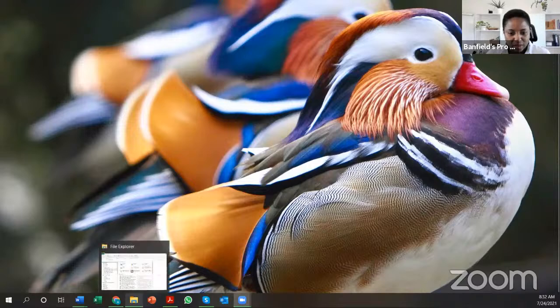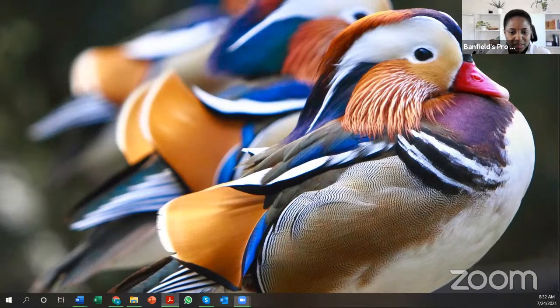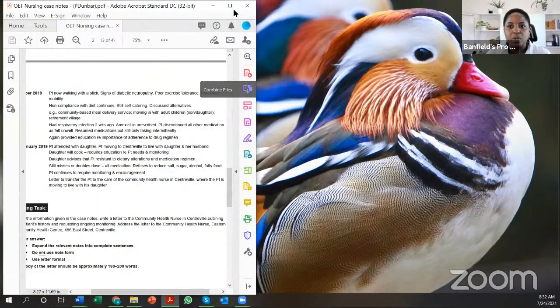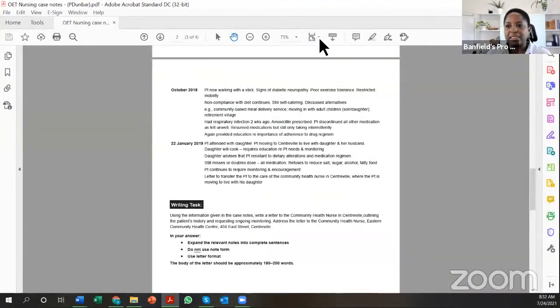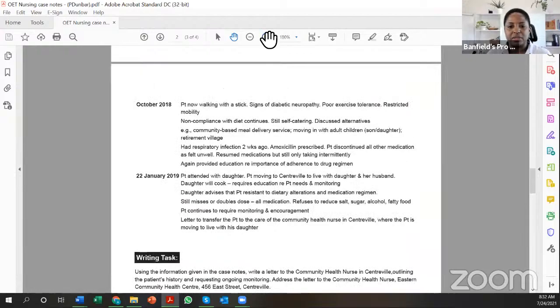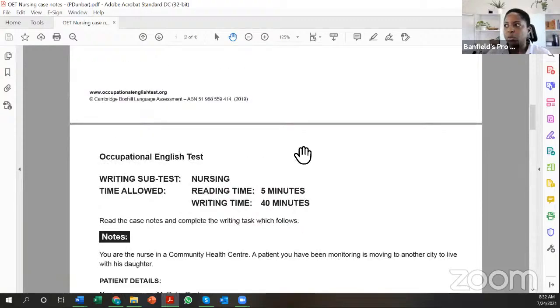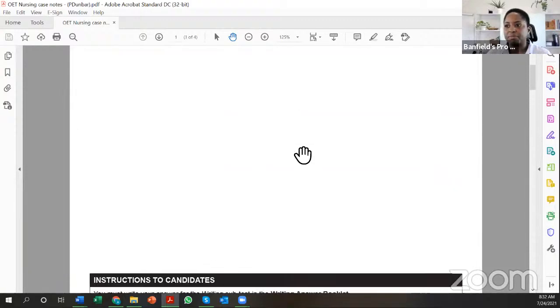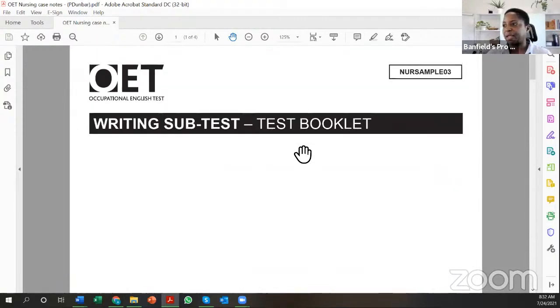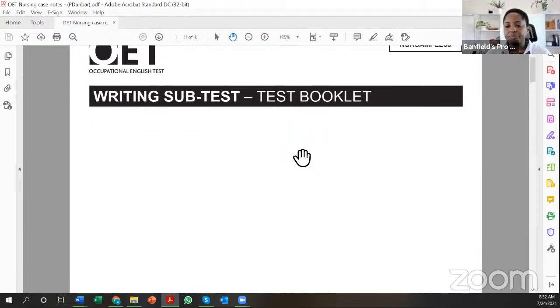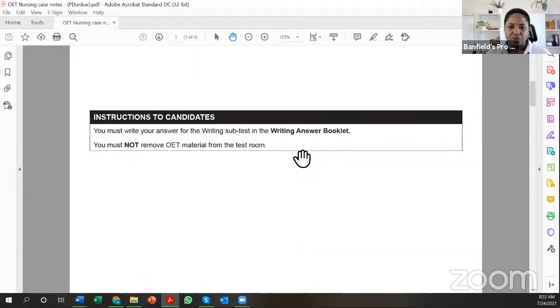Right, so first we're going to look at, I'll just give you a quick glimpse of the letter. Some of you who are very familiar with OET materials will probably know this letter already.